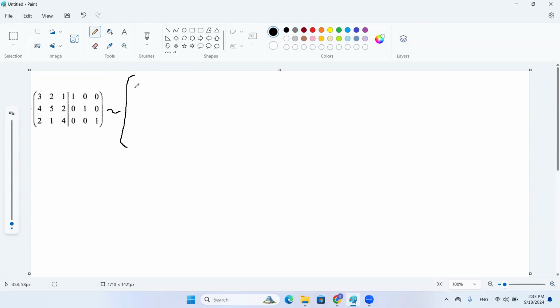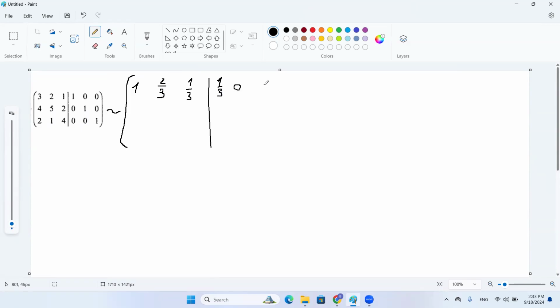I need to have 1 here, so I just divide the first row by 3, the whole row. 1, 2/3, 1/3 here, 1/3 here.